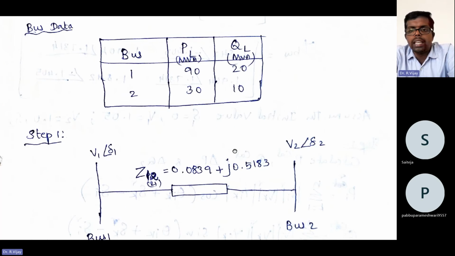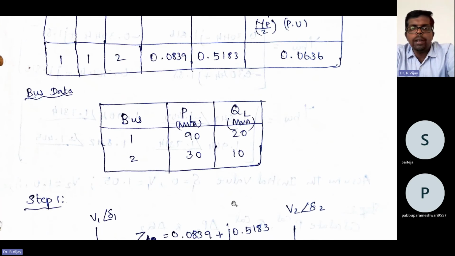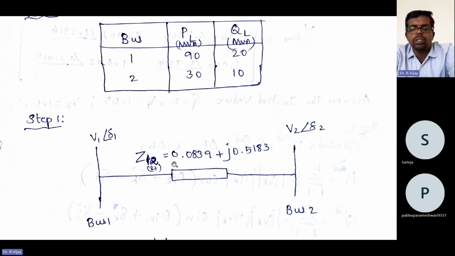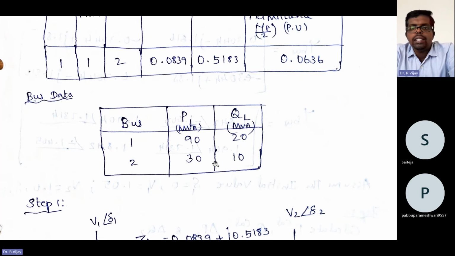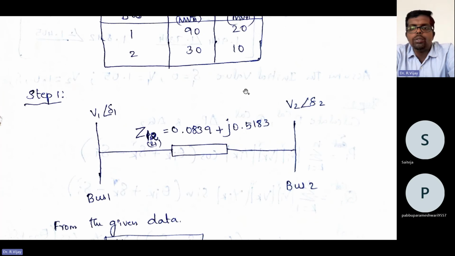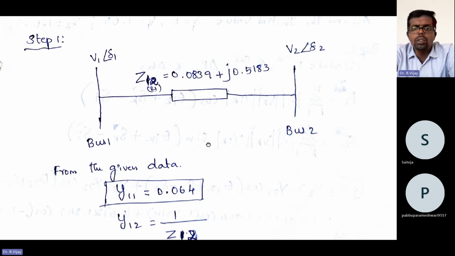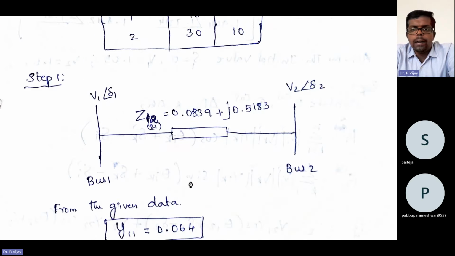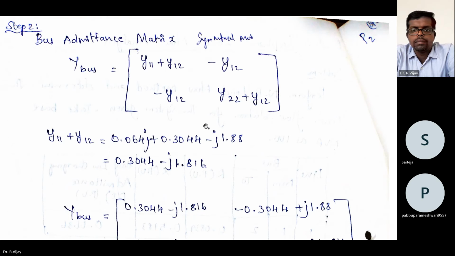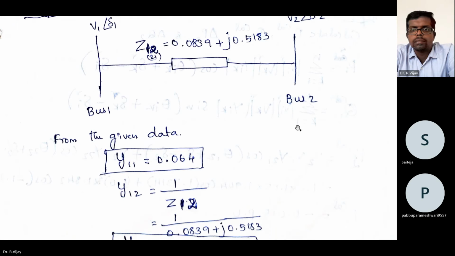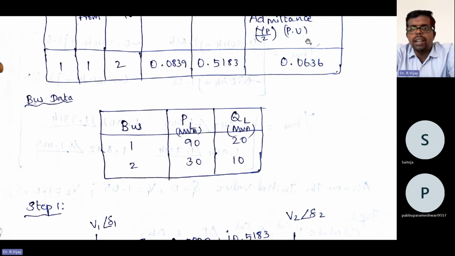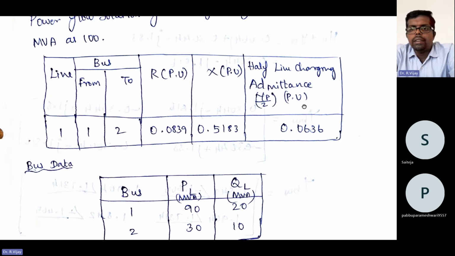From the given data, first you need to frame Z12. Z12 is equal to 0.0839 plus j into 0.5183. And line charging admittance is also given.